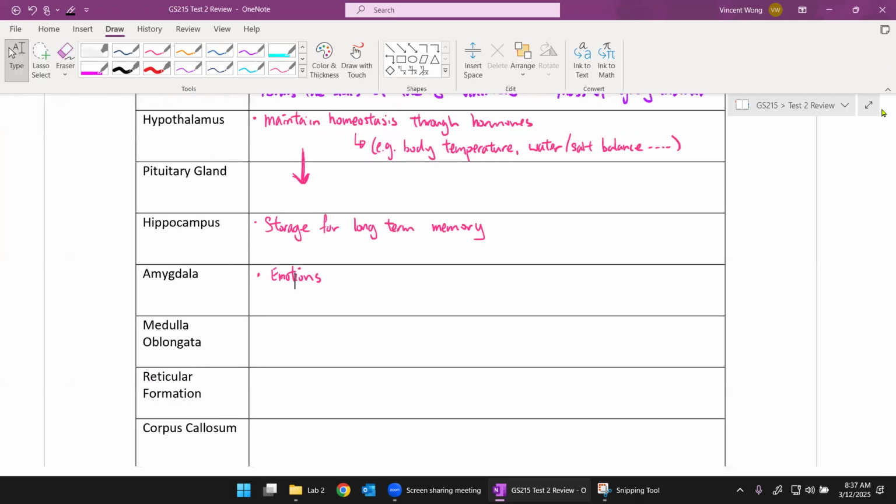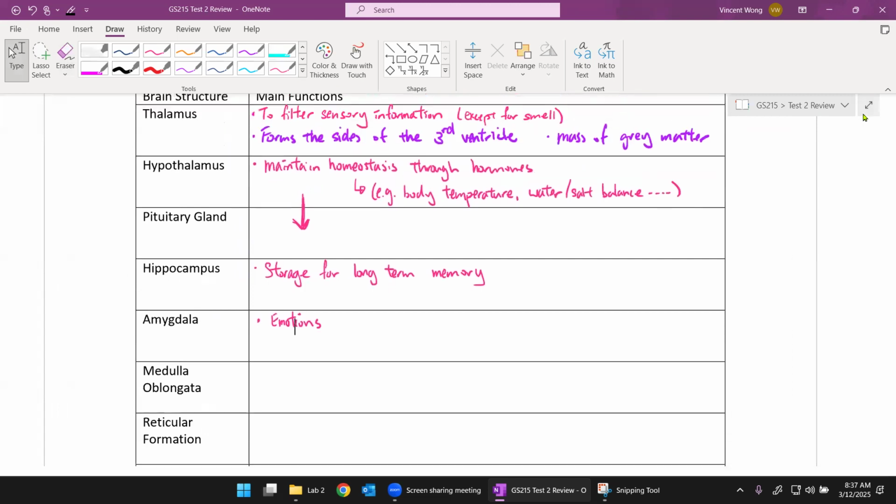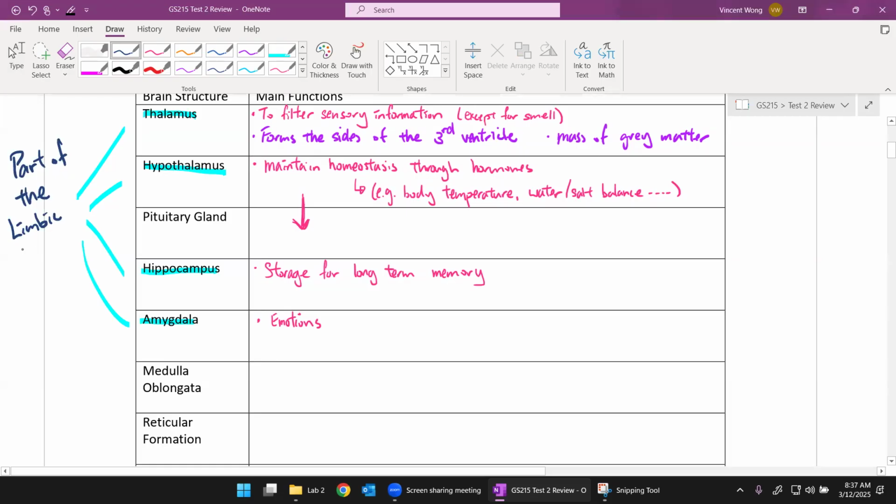Now, I do want to point out that the thalamus here, the hypothalamus, the hippocampus, and the amygdala, these are all components of the limbic system. You can think of the limbic system as like the reward system of the body.